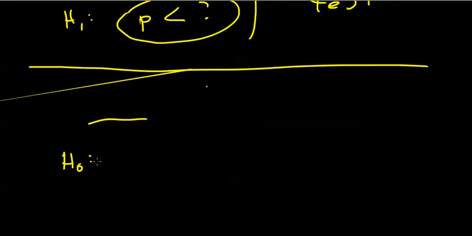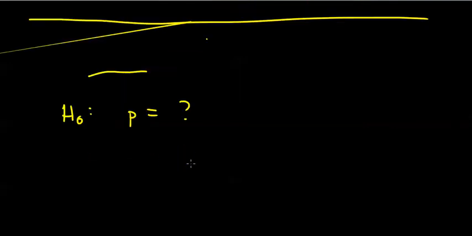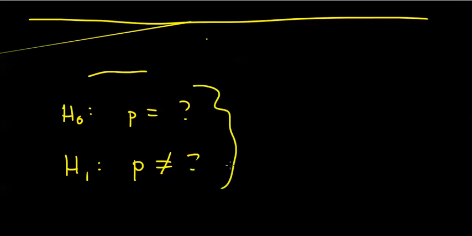Let's say someone makes a claim that a population proportion equals some value of interest, and then someone comes along and says, no, I don't believe that. Based on my sample data, I claim the population proportion is away from that assumed value, either high or low. In this case, we call this a two-tailed hypothesis test.